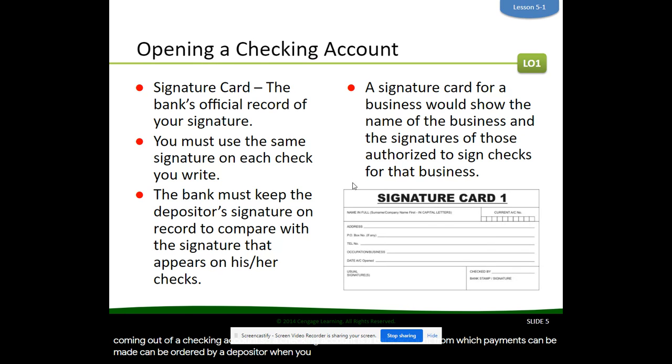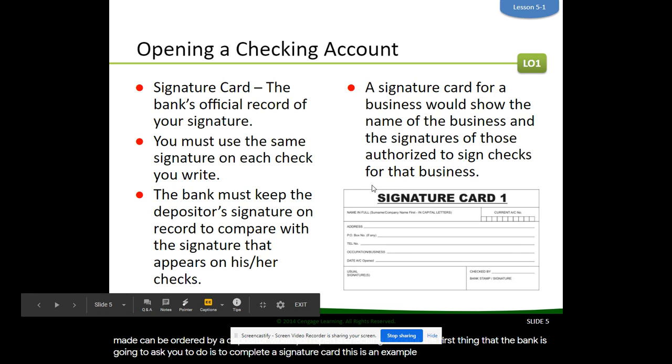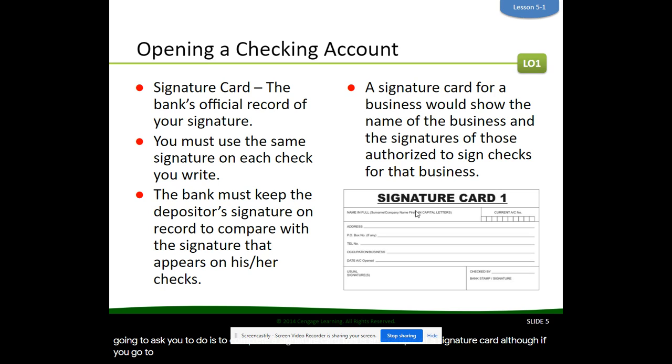When you open a checking account, the first thing that the bank is going to ask you to do is to complete a signature card. This is an example of a signature card, although if you go to a different bank, it doesn't have to look like this. Every bank has their own version of this. But the signature card is the bank's official record of your signature.